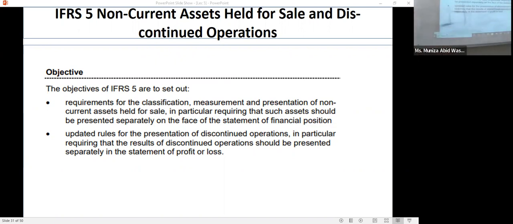And updated rules for presentation of discontinued operations, in particular, requiring that the results of the discontinued operations should be presented separately in the statement of profit or loss. Together with the assets held for sale, those operations which have been discontinued, those particular major lines of operations of the organization which are not continued anymore. Say, for example, any branch of a university is now discontinued. If this is the case, its results have to be shown separately on the face of the SOPL.